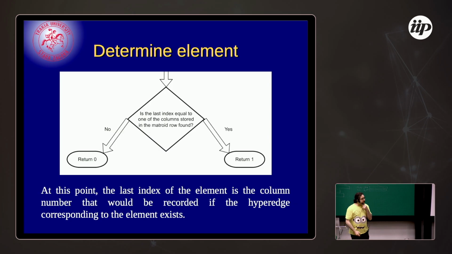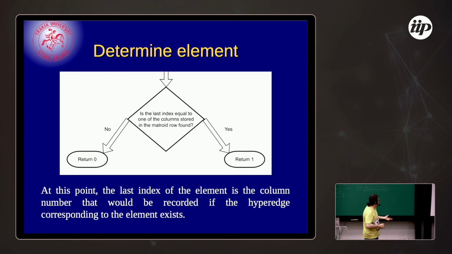At this point, remember, the elements of each row correspond to the kth index of the element of the tensor that you're trying to read. So what you can do is search within this row whether there is at least one element equal to the last index of the element that you're trying to read. That will be the column within that row that you have stored, knowing that that particular piece of data was a 1, so that there was a hyperedge there.